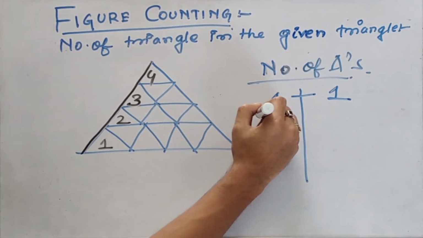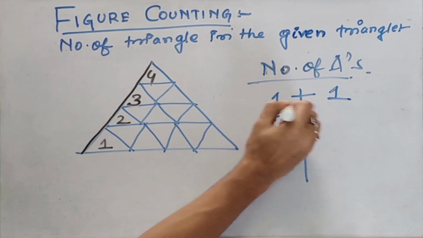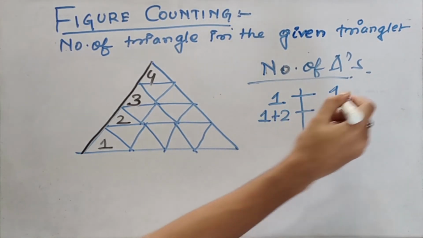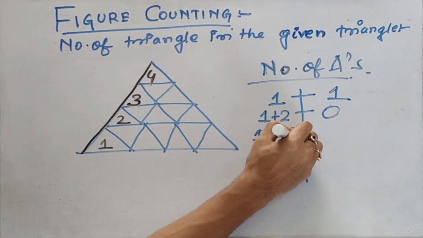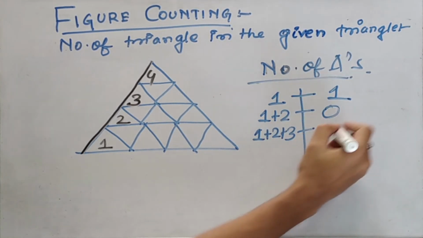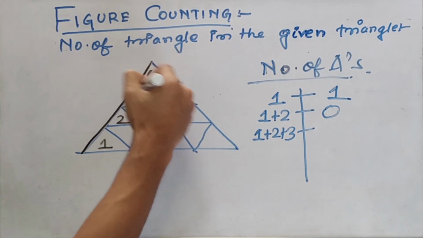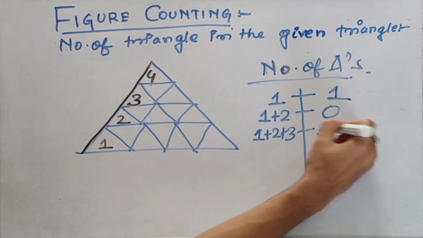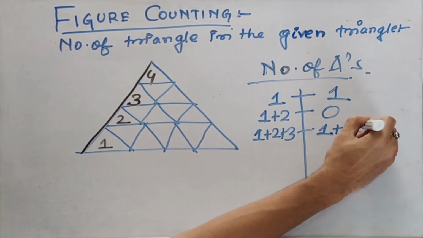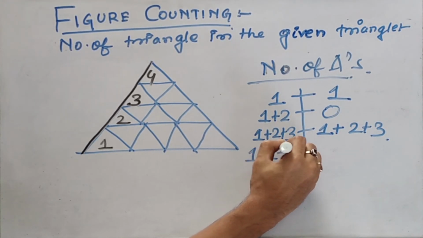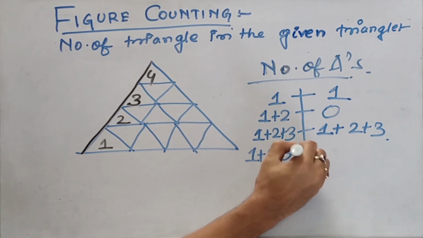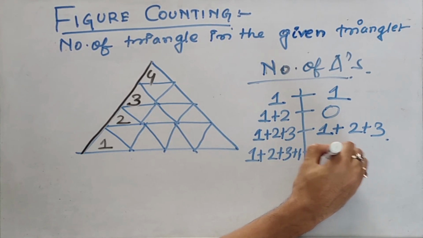So 1, so 1 plus 2, as it is the even step you have to write 0. Again the odd step, 1 plus 2 plus 3, and this is even number of triangles, so we have to write the same thing on the LHS, 1 plus 2 plus 3. And for this step, that is the even step, fourth step, 3 plus 4, you have to write 0.